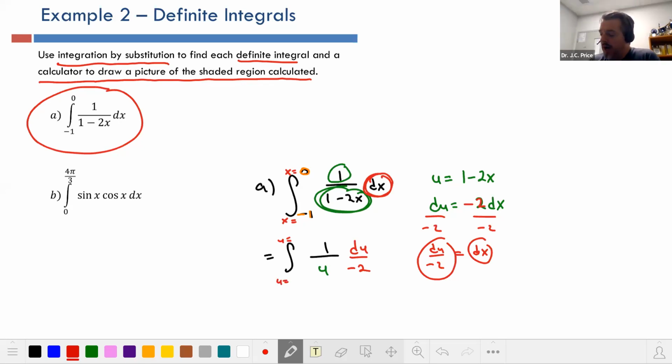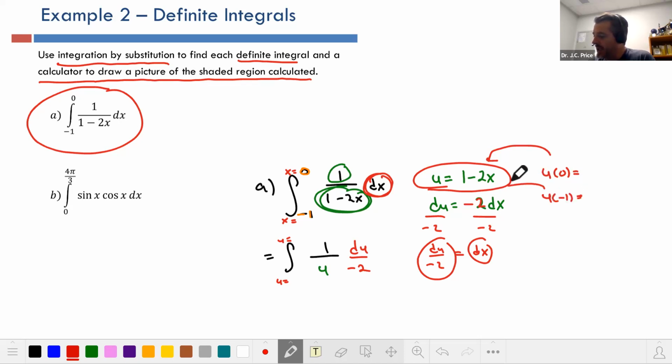And so how do we figure out what u is? Well, we have a relationship right here relating u's and x's. So if you want to find u of 0, we're just going to plug it in right there. Or if you want to find u of -1, again, we're just going to plug it in for x right there. So let's start with u of -1. So what do we have?